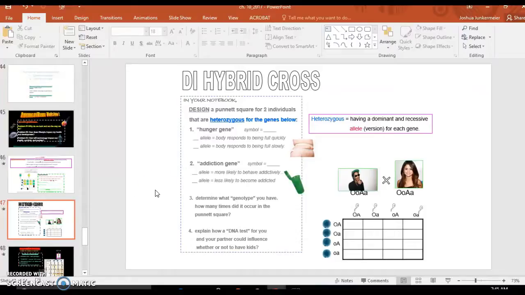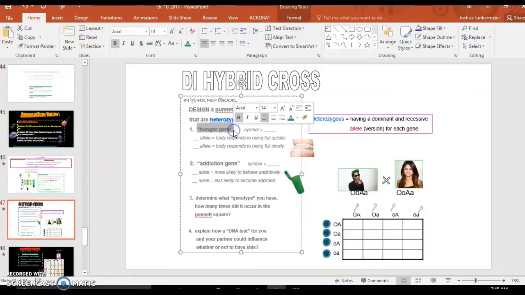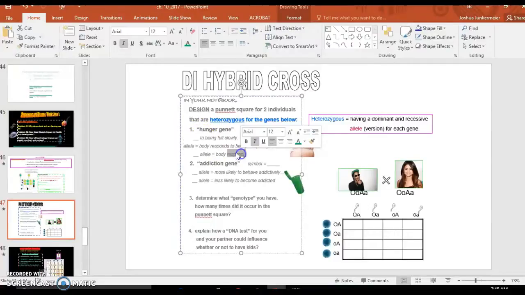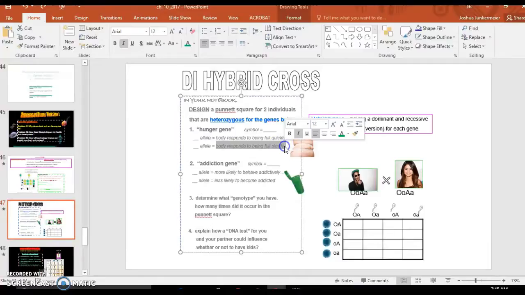And one gene that controls that is a true gene, and I'm calling it generally the hunger gene. And this is true. This has been found that there are different versions of a gene, and one of the versions makes us feel full quickly when we eat, and another version, or allele, remember different versions of a gene are called alleles. The other version of the allele is that our body responds slowly to feeling full.